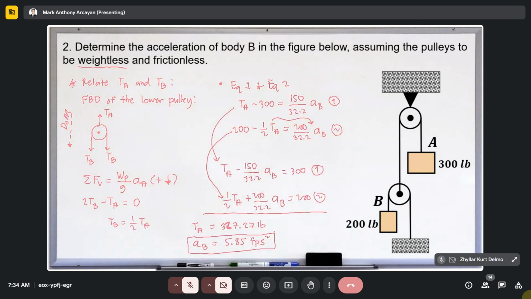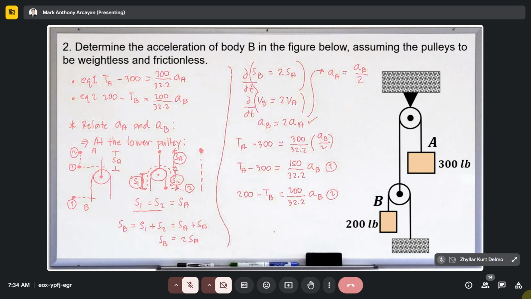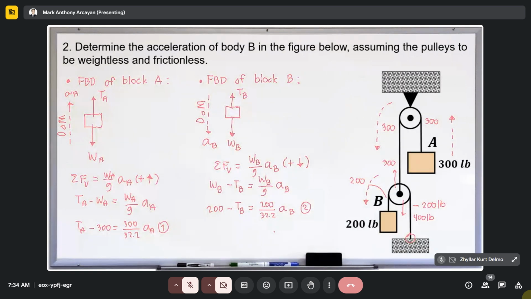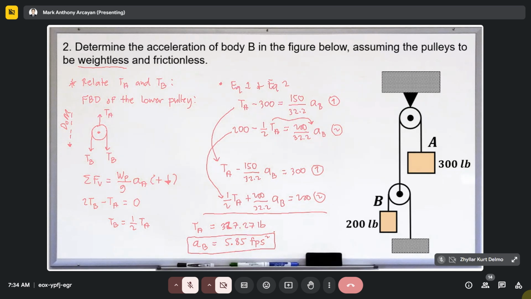And that is why we end up with a positive value of our acceleration at B, which is 5.85. They have the same magnitude, they only differ in sign. Here we have a negative, but here we have a correct assumption with regards to our direction of motion, which is downwards, which means that block B has the capability to pull block A upwards. Therefore, we have a positive value of our acceleration, which is 5.85.